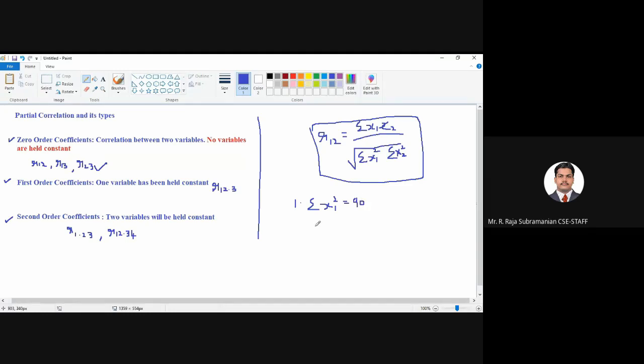Summation x2 squared will be 160. Summation x3 squared will be 40.